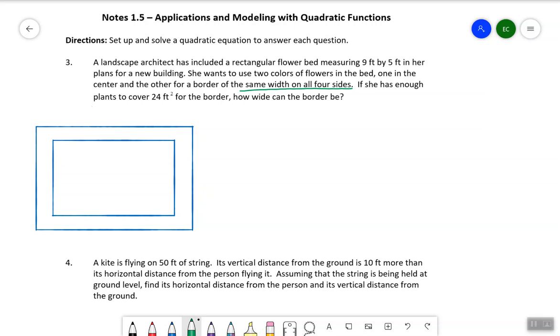Well, a lot of times the best way to start a problem like this is to draw a picture. And so I've already started here, and I've drawn the big rectangle and a little rectangle inside. Can you see what the length of the large rectangle is? It's 9 feet.